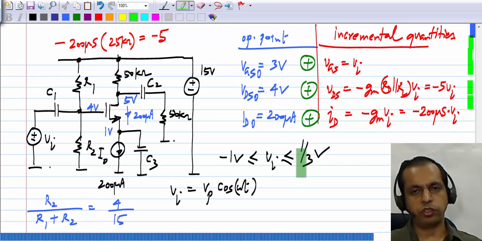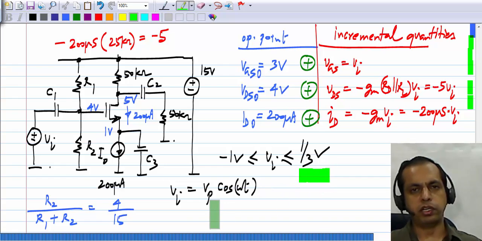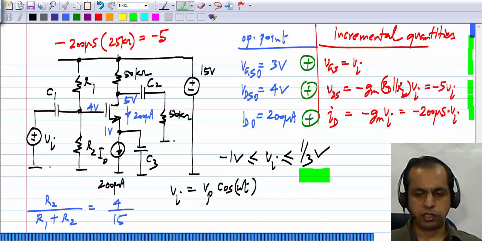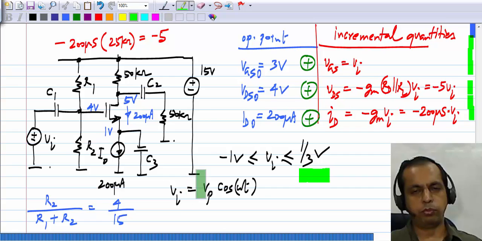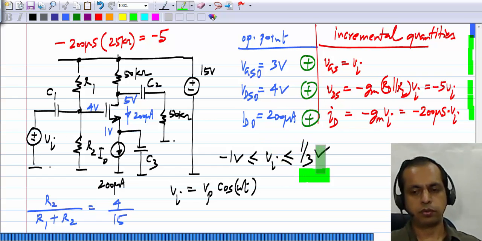Obviously it will be the smaller of the two limits, because if you apply an input with an amplitude of 1 by 3 volts, then at the peak of the sinusoid, this limit will be reached. Of course, if you apply an input with an amplitude of 1 volt, it will cross this limit on the positive side, and the transistor will go into triode region.